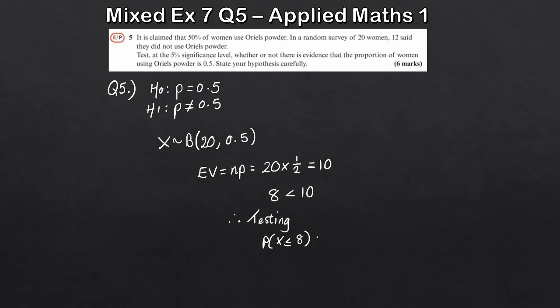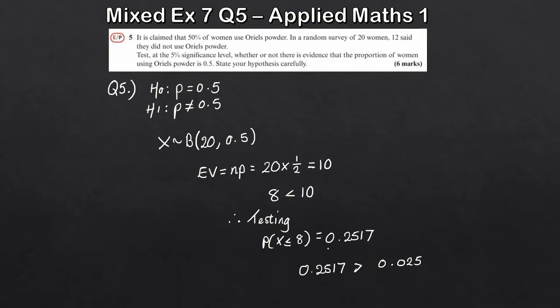Okay. Work this out in your calculator using N is 20, P is 0.5, and what you should get here is 0.2517. Two-tailed test. So if it's a 5% significance level, we're comparing 0.2517 to 0.025. So quite clearly, this is bigger than 0.025.